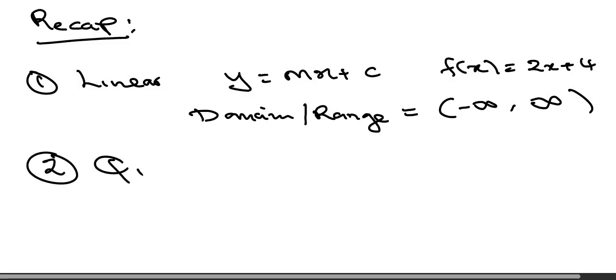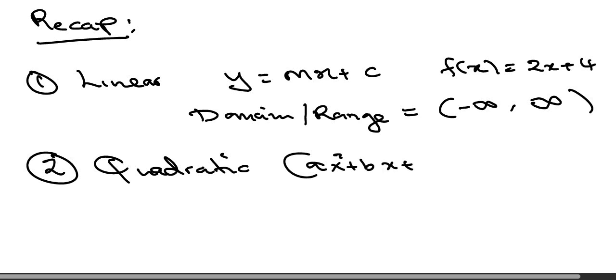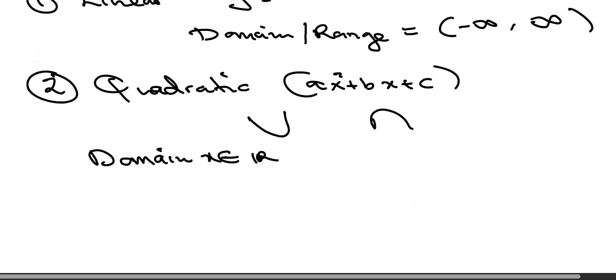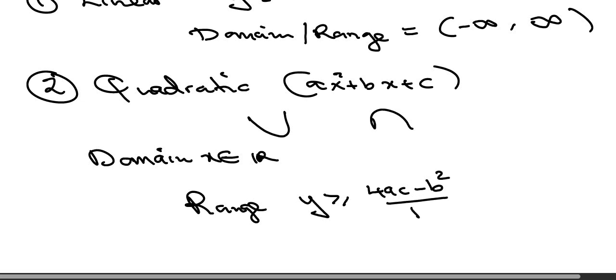Then the second type, we discussed quadratic functions. Those functions that look like ax squared plus bx plus c. It can either face up or face down. So we say the domain is all real numbers all the time unless they're restricted. Then the range: if your function is facing up, your range is y values greater than or equal to the y component of the turning point.